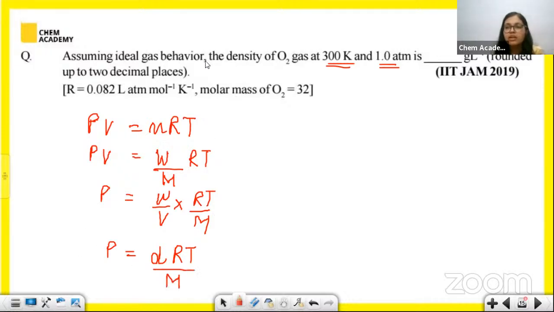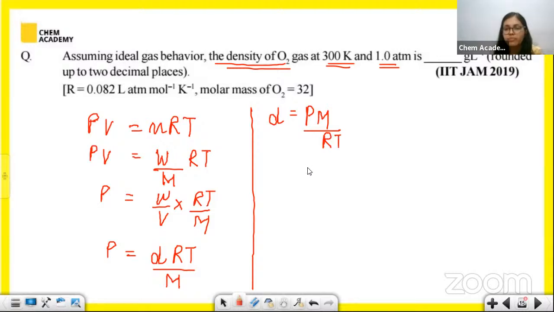Okay, so from here, what we have to calculate is the density of O2. So we can easily calculate the density of O2 from here. After substituting all of these values, we will get the equation for D as PM upon RT. The value of pressure we have been given as 1 atm, into the mass of O2, which will be taken here as 32.